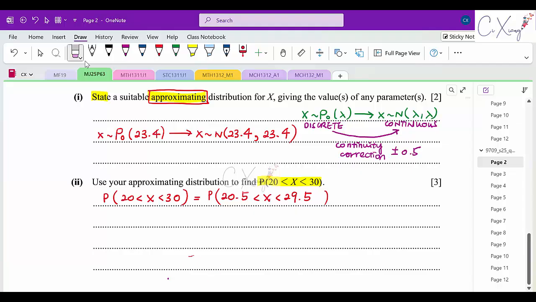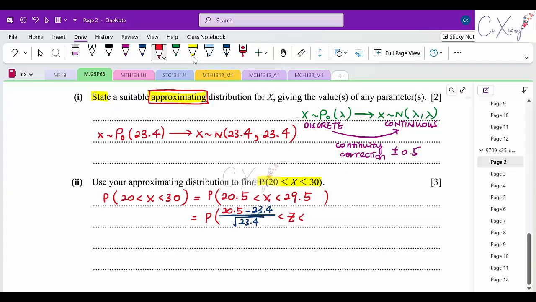After you apply continuity correction, you can start to standardize it because it is now the normal distribution. How can you standardize it? You take 20.5, the value of x, minus the mean. So what's the mean that you got just now? 23.4, divided by the standard deviation. So the standard deviation will be the square root of 23.4.